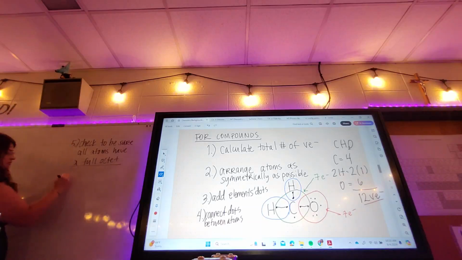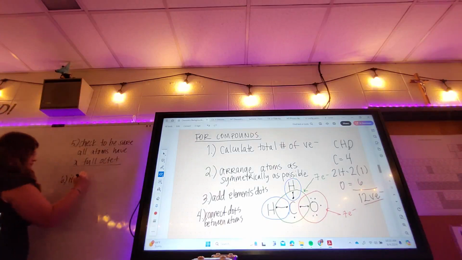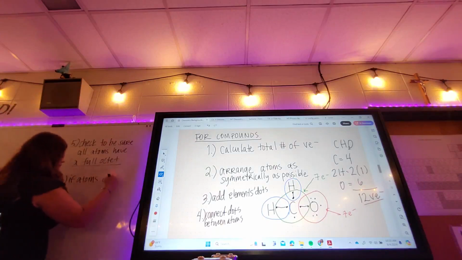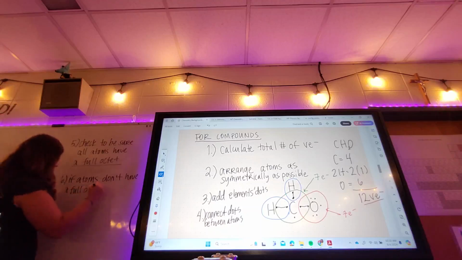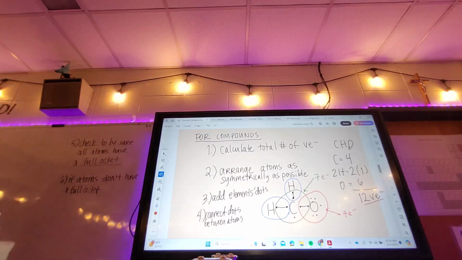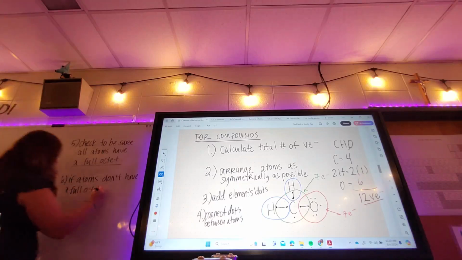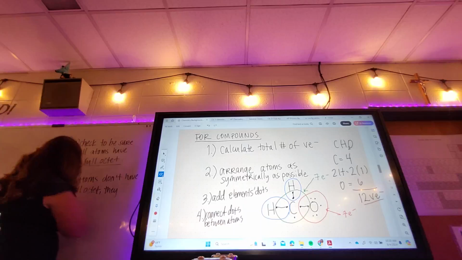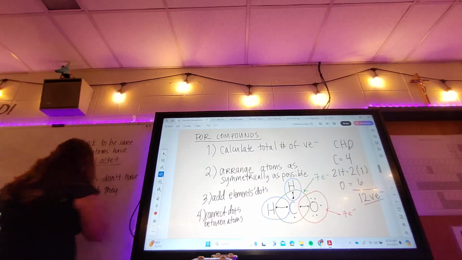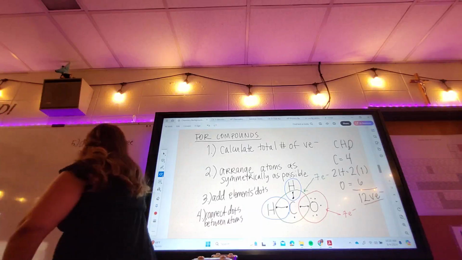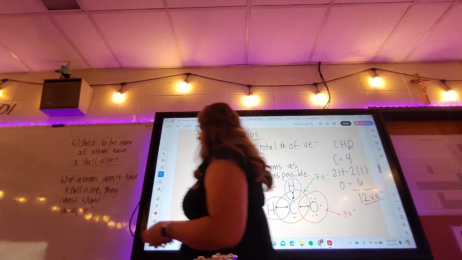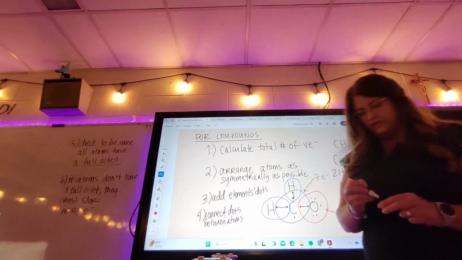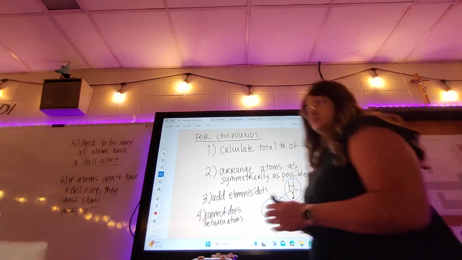If atoms don't have a full octet, they must share more electrons with someone else. If atoms do not have a full octet, they have to share electrons with someone else.